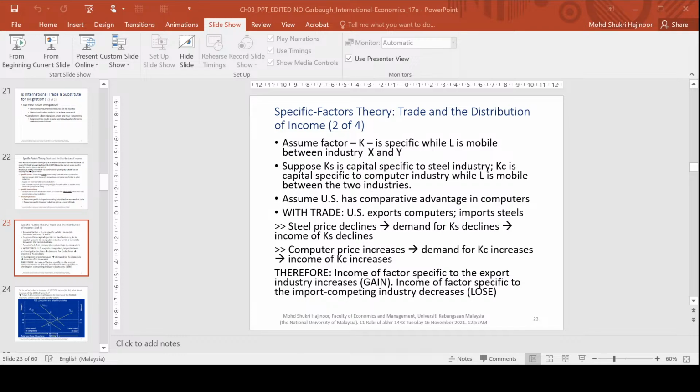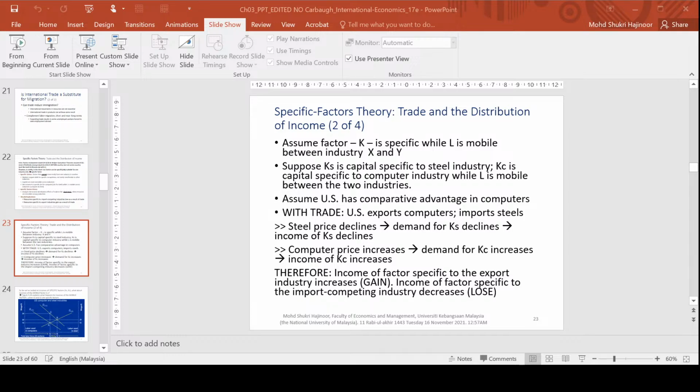Assume K is specific while L is mobile, that can move between X and Y. Suppose KS is capital specific to the steel industry only.